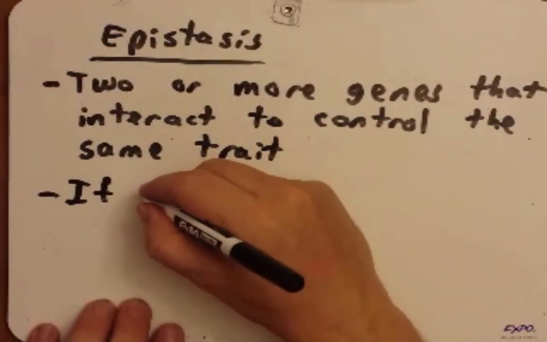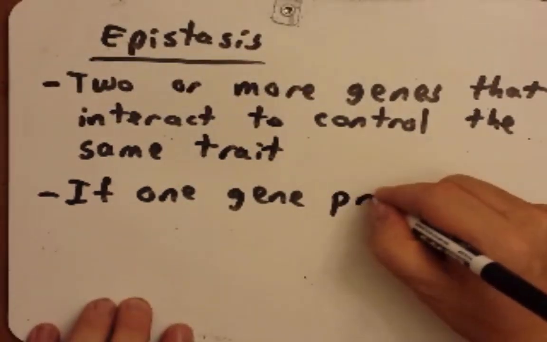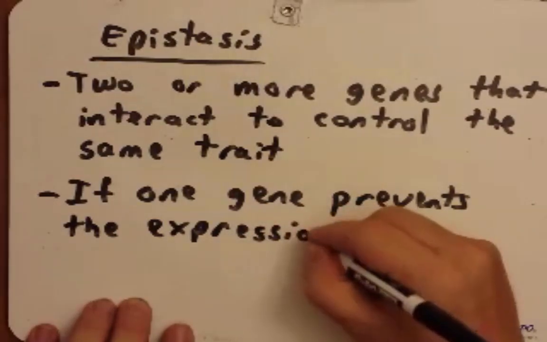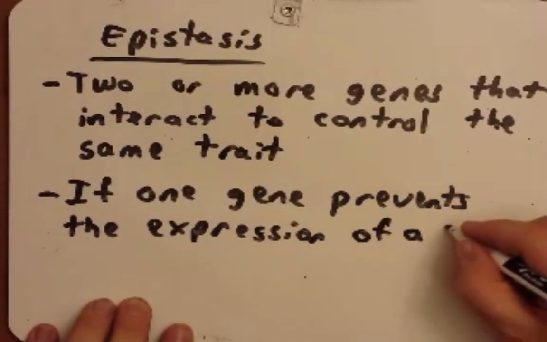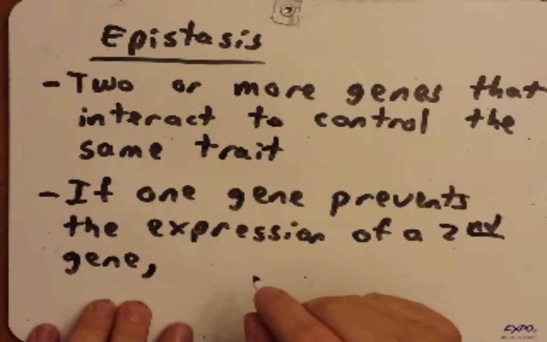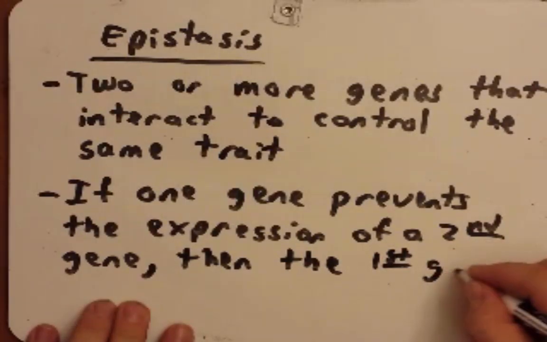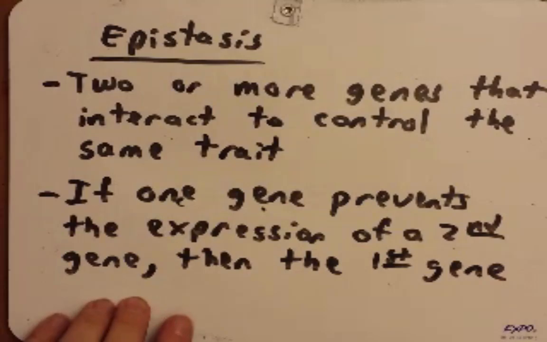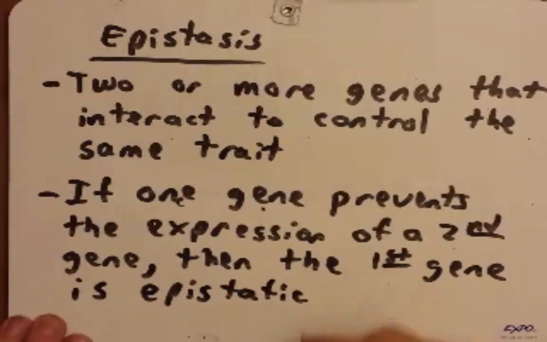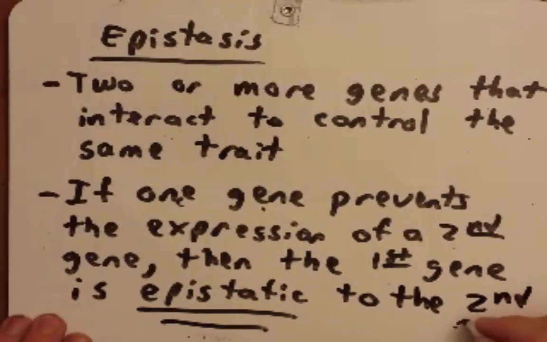We say that if one gene at one locus, so one gene, prevents the expression of a second gene, then the first gene, this one here, is epistatic to the second gene.